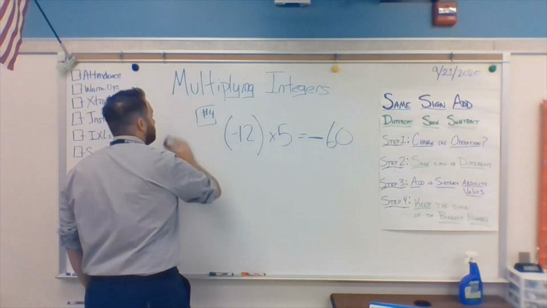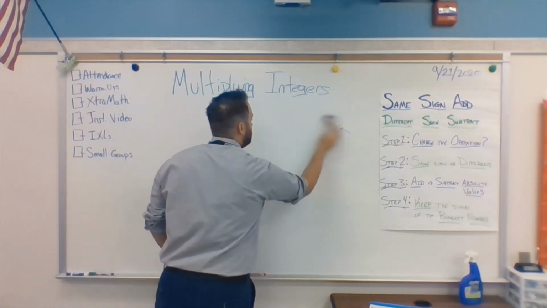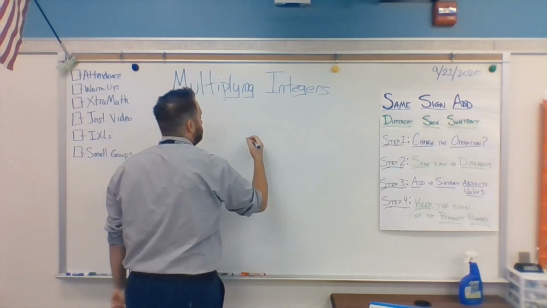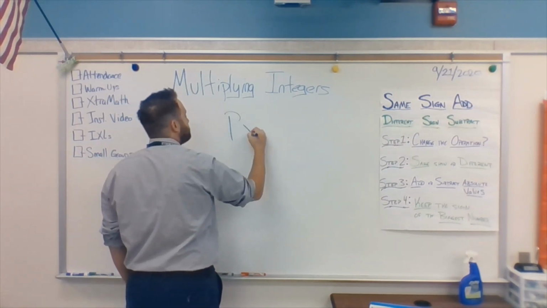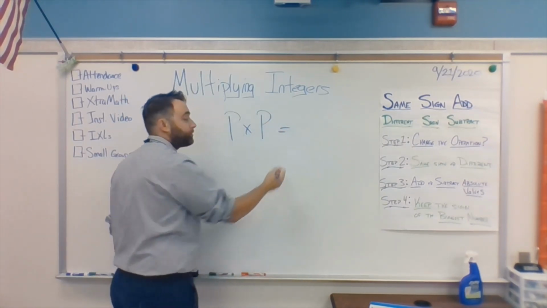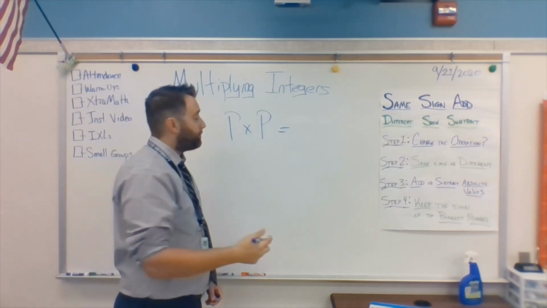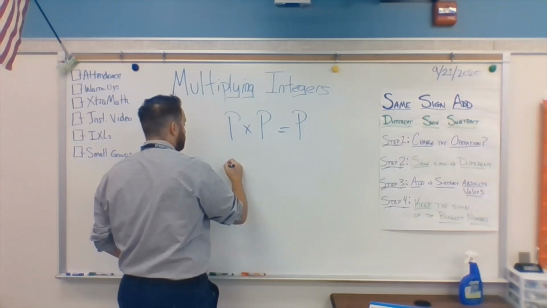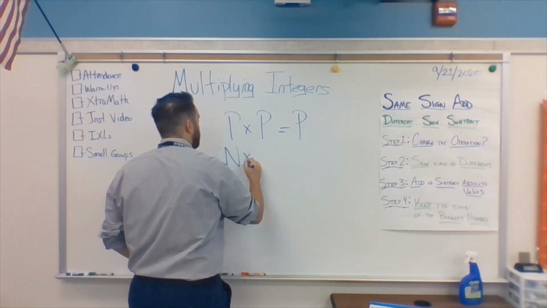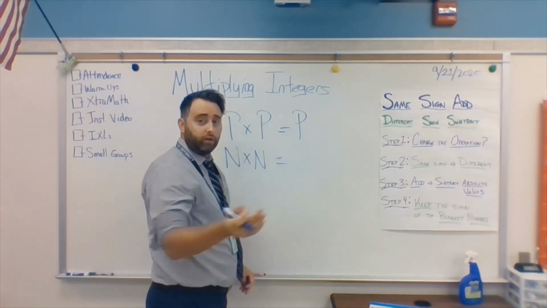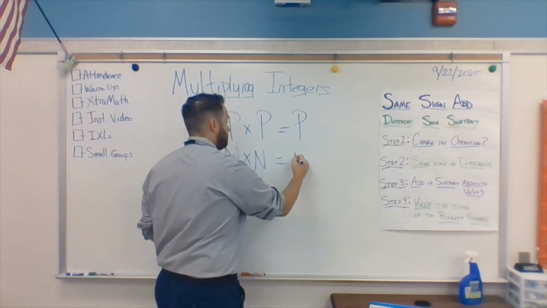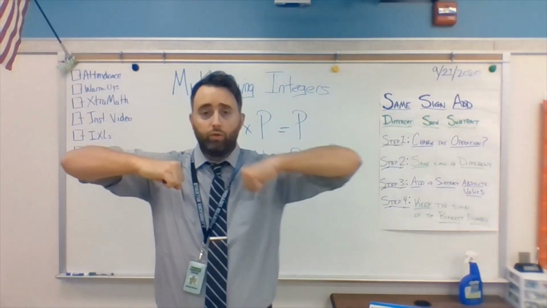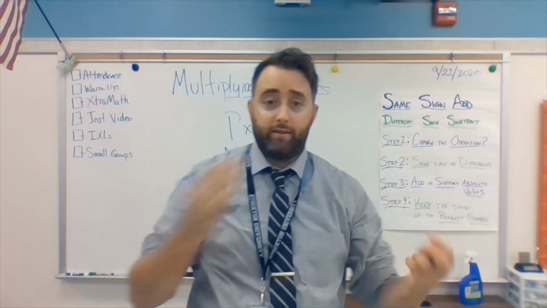I will break it down in a simpler, more letter-based system. You've always known positive times positive. You've dealt with those for the last 2 or 3 years. Positive times positive will give you a positive. Now you have negative times negative. You just learned negative times negative will give you a positive. Remember, Romeo and Juliet come together to make a positive.